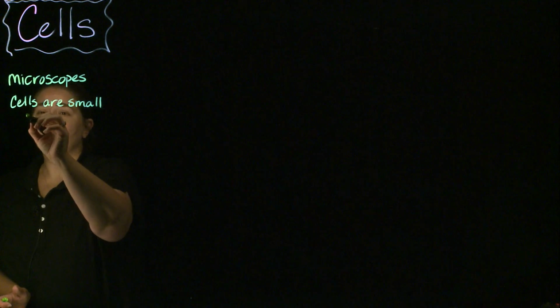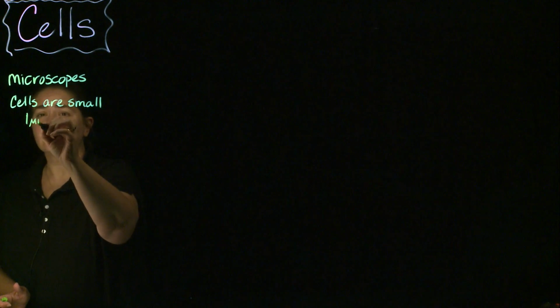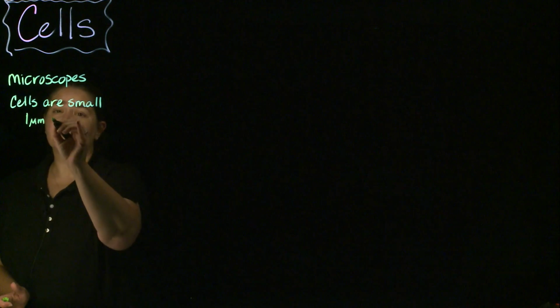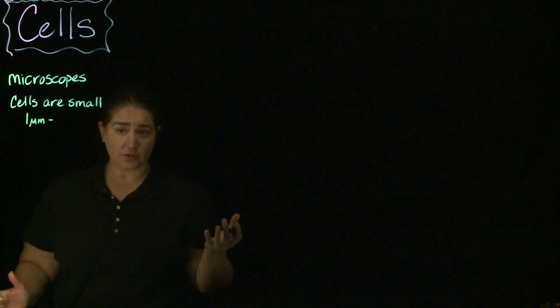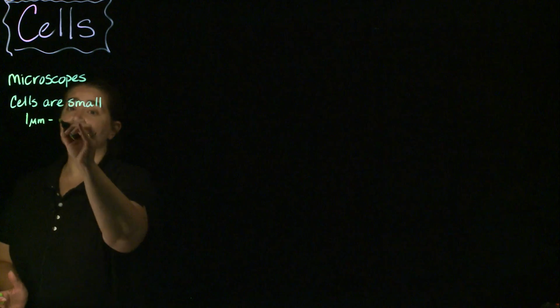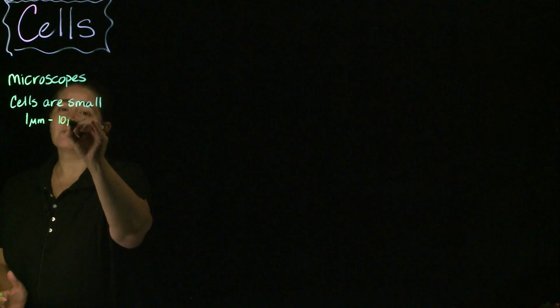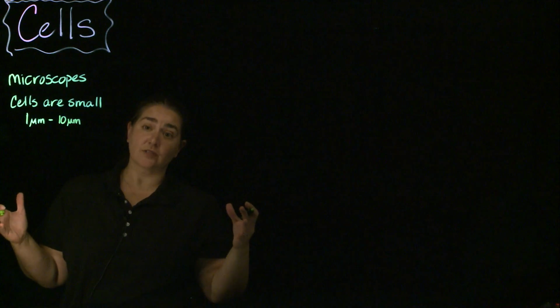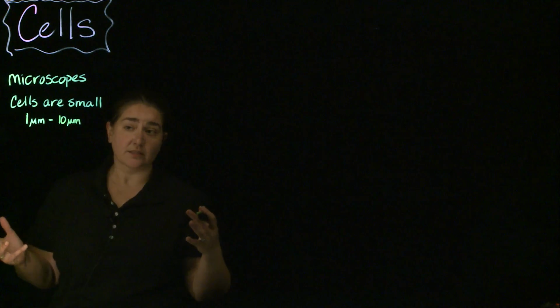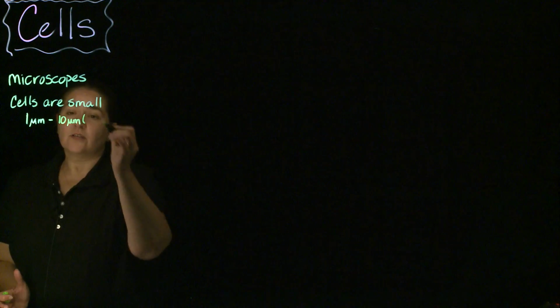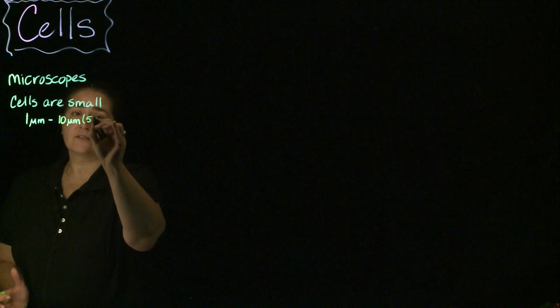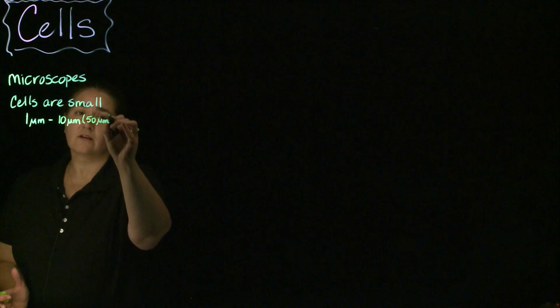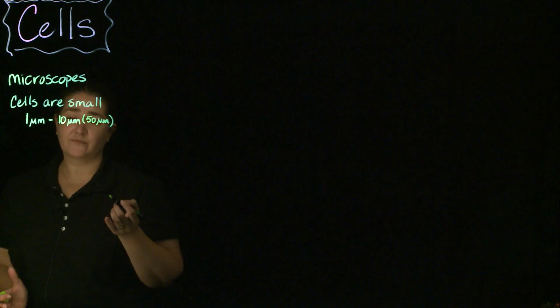If we're talking a bacterial cell, maybe 1 micrometer. If we're talking a human cell, somewhere around 10 micrometers, although there is a lot of range as far as size of eukaryotic cells in the body. You can have some larger cells on the lines of 50 micrometers, all right?